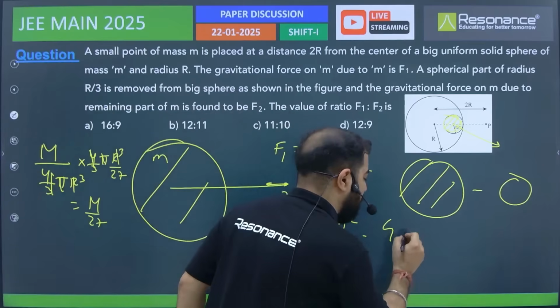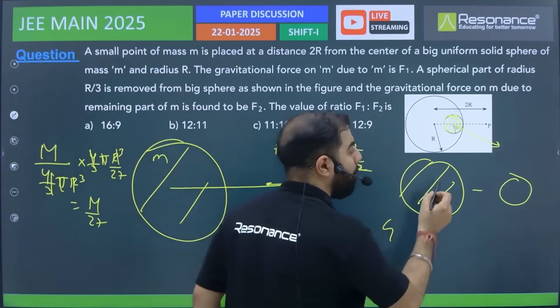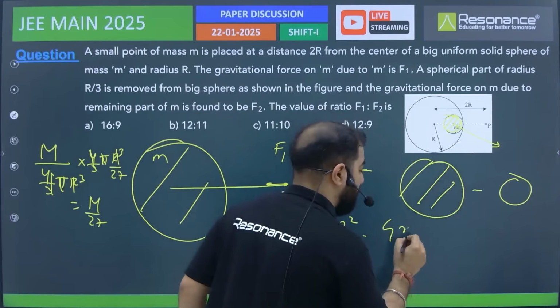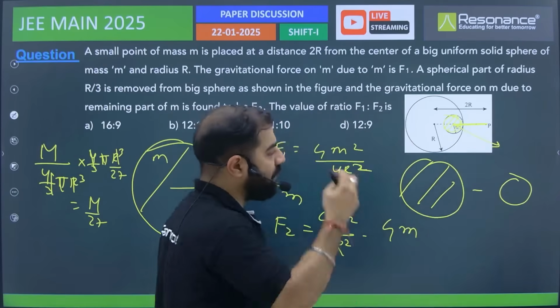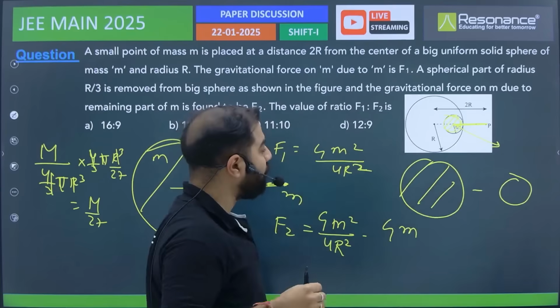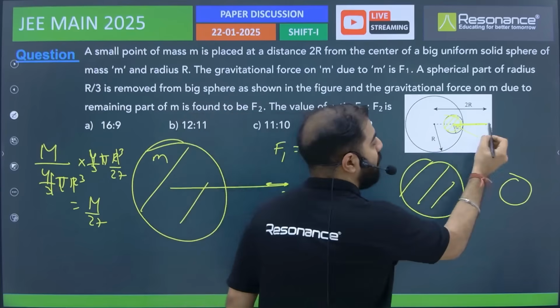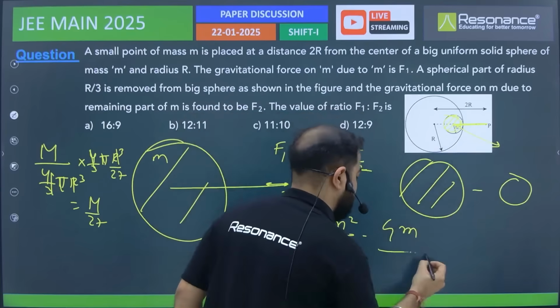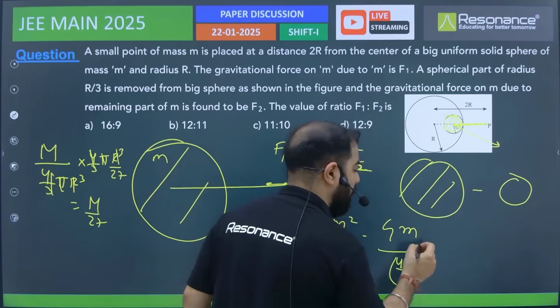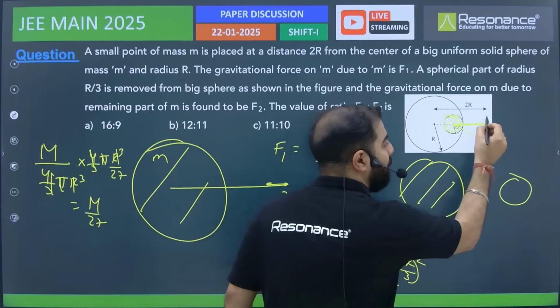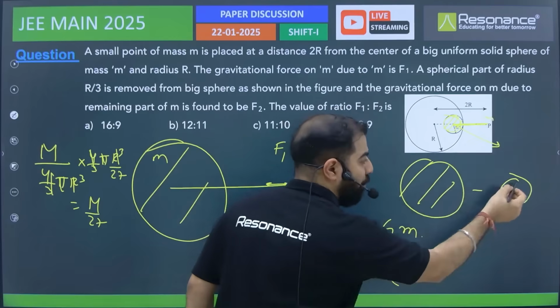Let's come back here. Because of this, what's the distance from here to here, by the way? This distance is r by 3 plus r, 4r by 3. That's 4r by 3 whole square. And this is G m, the mass that was here, which is m, and one more m of this cavity.